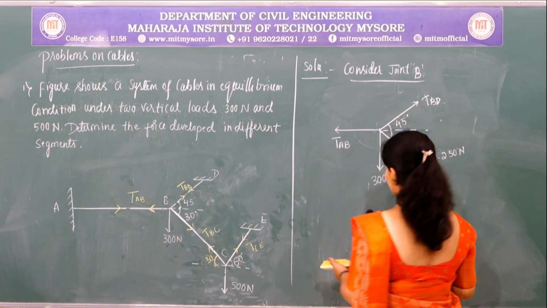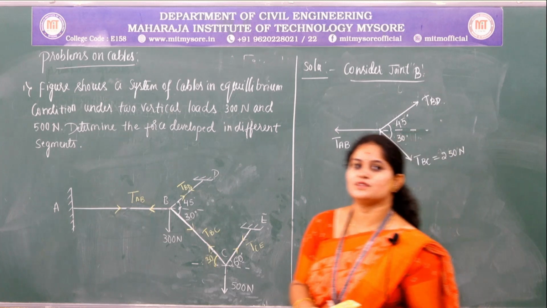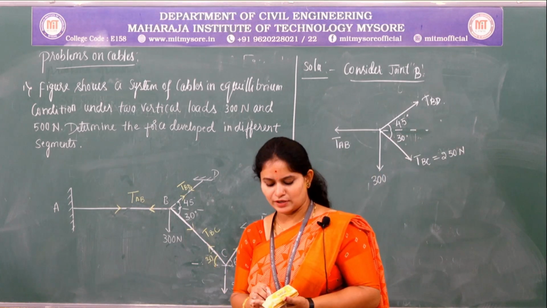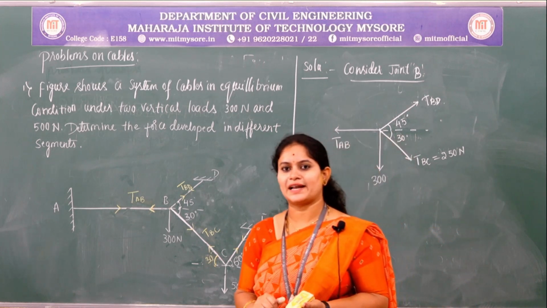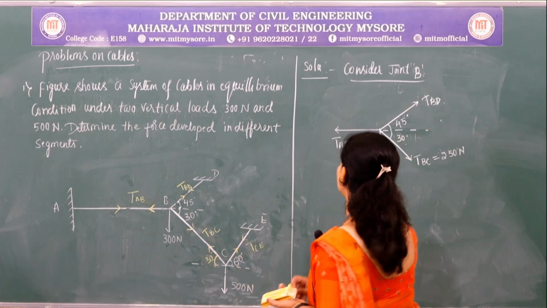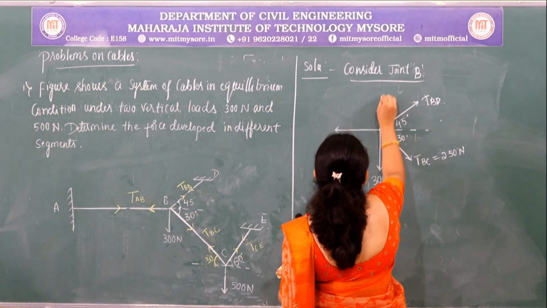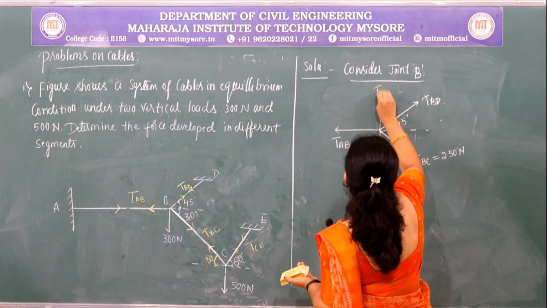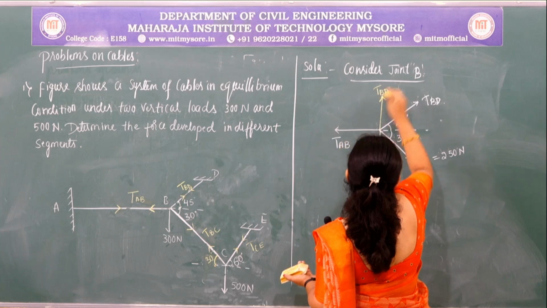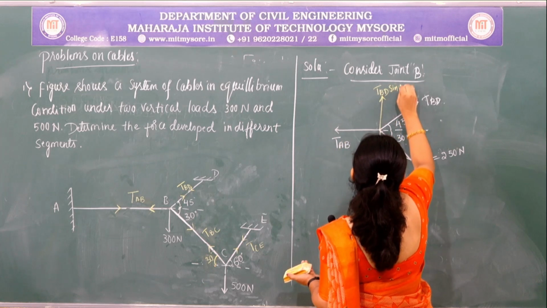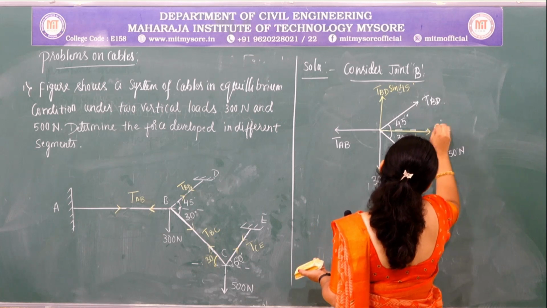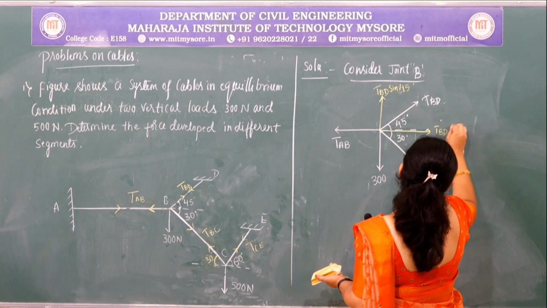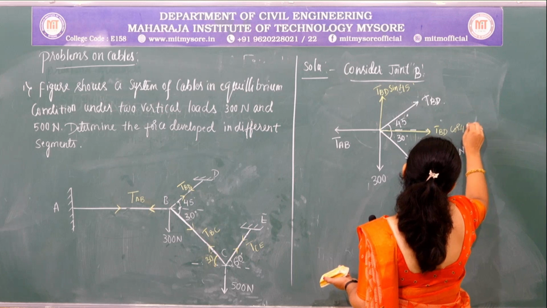45 degree. So we know that when the forces are inclined, before applying the equilibrium condition, we need to resolve the given inclined forces, right? So on resolving, this will be TBD sine 45, the vertical component, and the horizontal component is TBD cos 45.